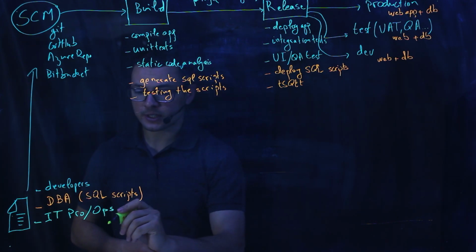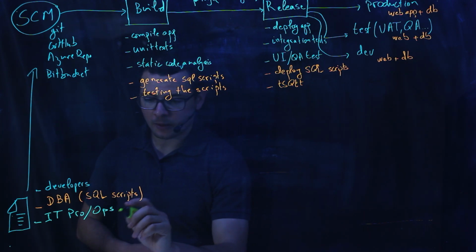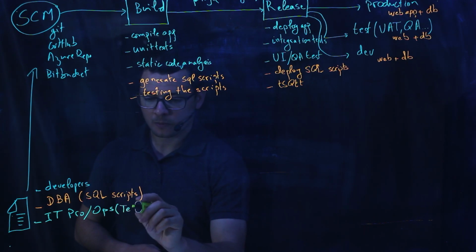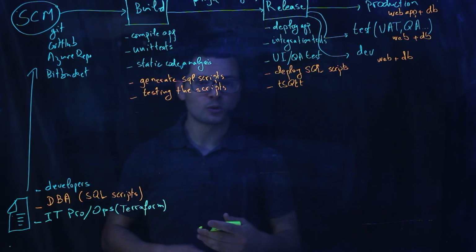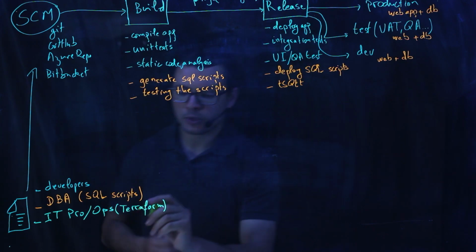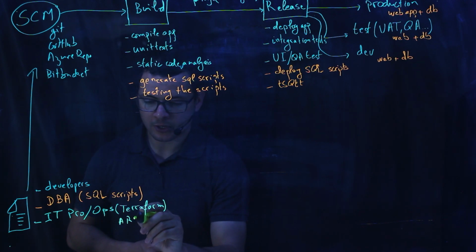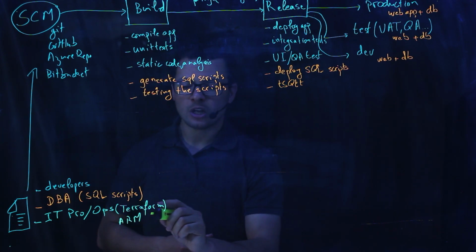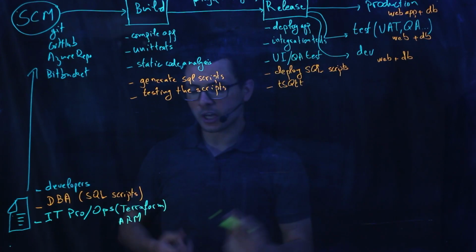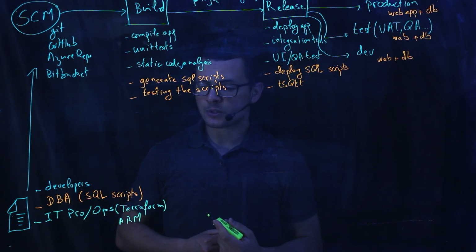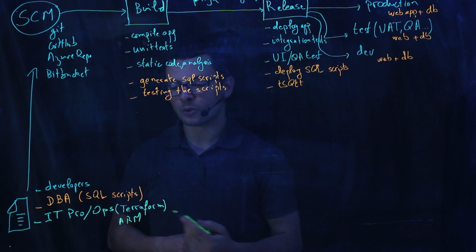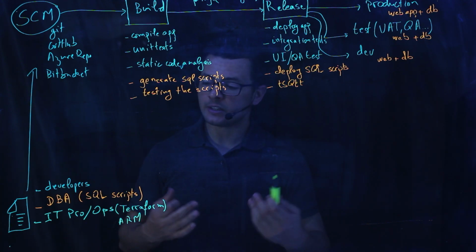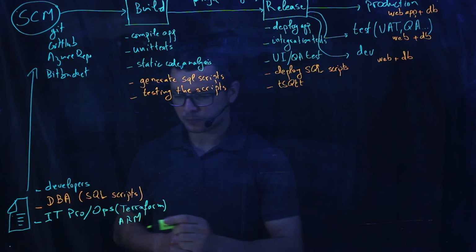Here maybe they are using some tools like Terraform, for example, which could be used in order to provision infrastructure, and maybe they could also use ARM templates, Azure Resource Manager, in order to provision resources on Azure. If they are using Amazon, maybe they are using CloudFormation. So each cloud provider has its own technology in order to provision and maintain the infrastructure.